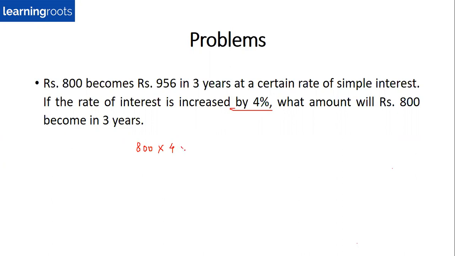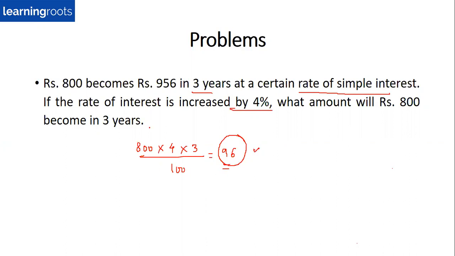So 800 into 4, time frame is 3 years, divide this by 100. What you get here is 4 threes are 12, 8 twelves are 96. So this 96 is the incremental value over the interest that is already there. If the rate increases by 4%, this is what the incremental will be.